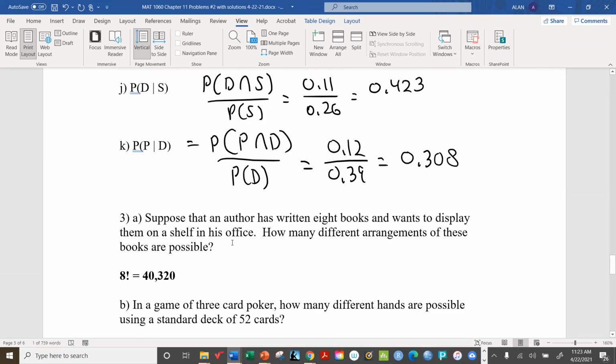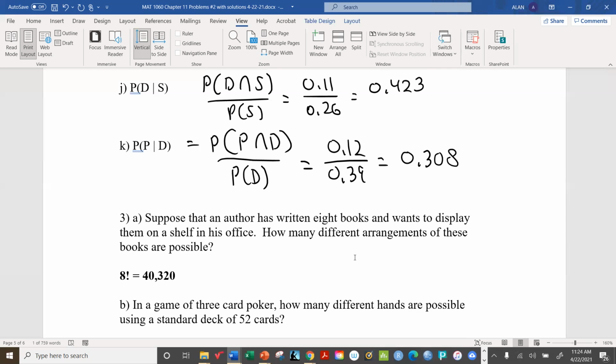An author has written 8 books and wants to display them on a shelf in his office. How many different arrangements are possible? So if you recall, the number of ways of arranging n objects is n factorial. So here, all we have to do is take 8 factorial, and that's equal to 40,320. Now, on your calculator, you do have this function.